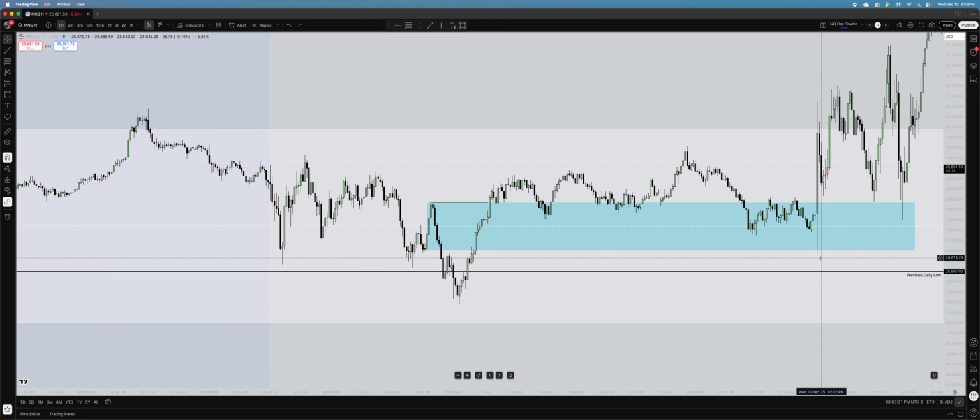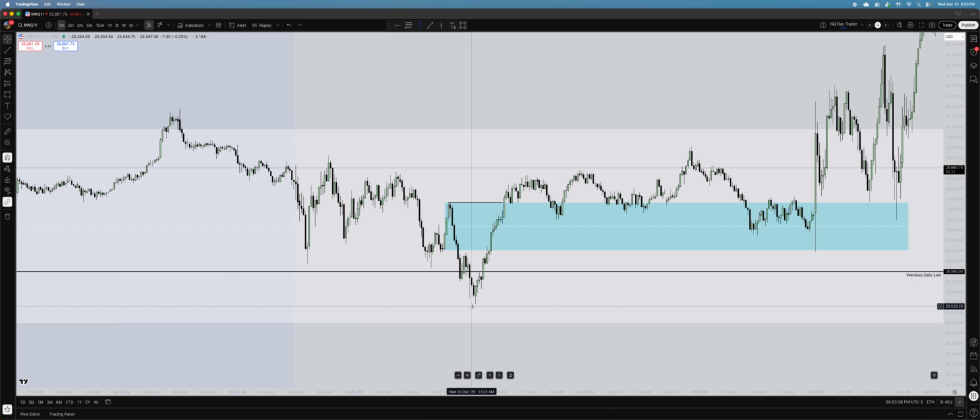It does not need to go below here. Why not, right? Why did this low stop right here and not go down below this low? The answer to that is because this low already did the damage. This low already did the manipulation. The manipulation was done at 11:03 a.m. Okay, that's the low of the day.